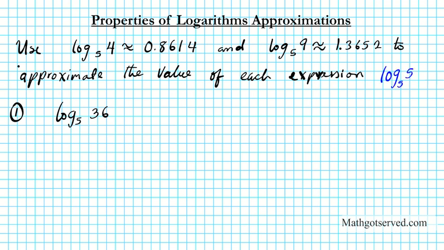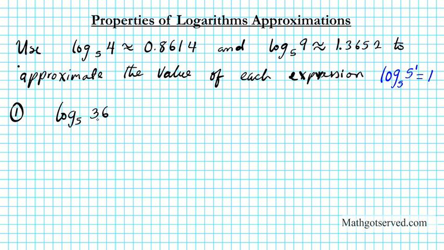Think about the inverse property. These two are inverses, so they cancel each other out and become 1, because the power here is 1. When the base and the value you're taking a logarithm of match, they cancel because they're inverses, and whatever the exponent is, that's what you have. Just keep that in mind.